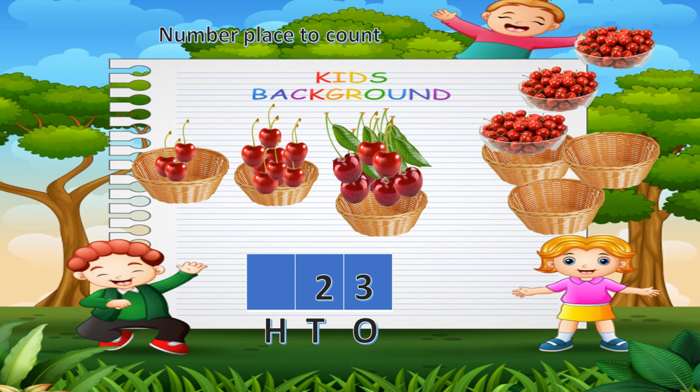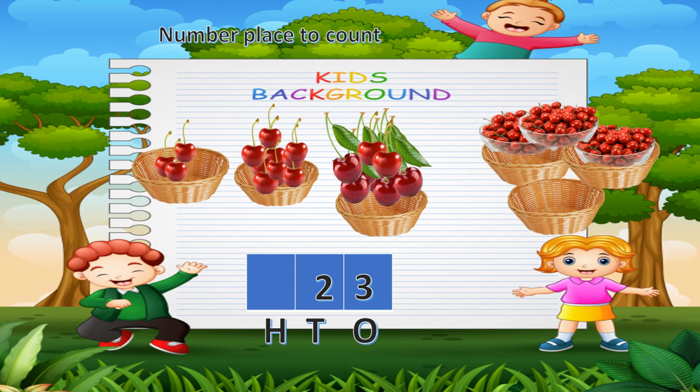We have one group of 100, two groups of 100, and three groups of 100. So we're going to write the three groups of 100 in the third box. It means we write a 3 in the hundreds place. It tells how many groups of 100 we have. Understand?